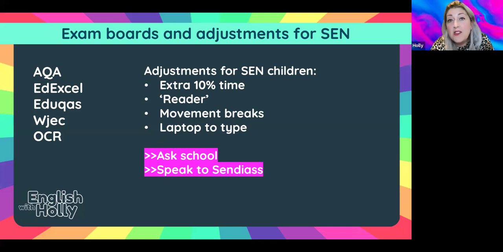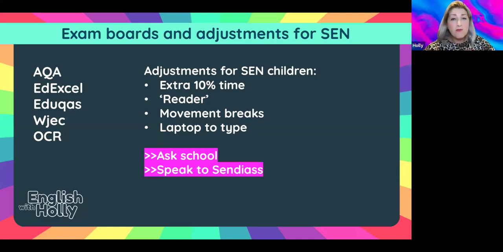I couldn't count the number of times that I've started working with a year 11 student online and their handwriting is really, really poor, but they have worked on it for years, and they are committed to improving it, but they are not able to write in a way that an examiner is just going to be able to read through and understand their work. And they haven't had any support from school to change their exam access arrangements.